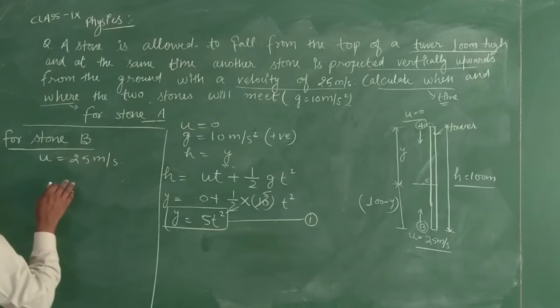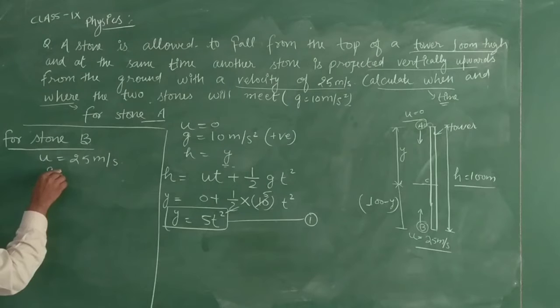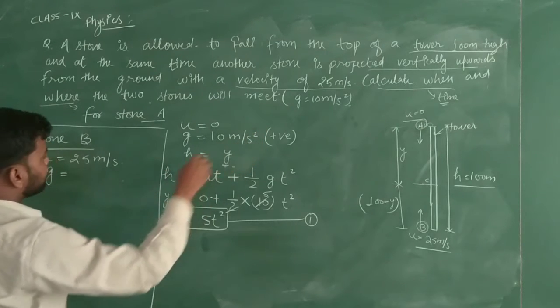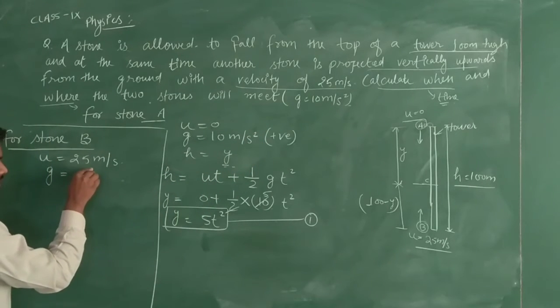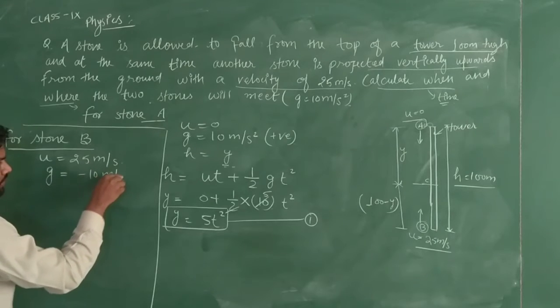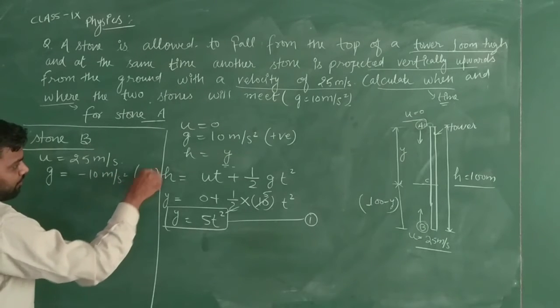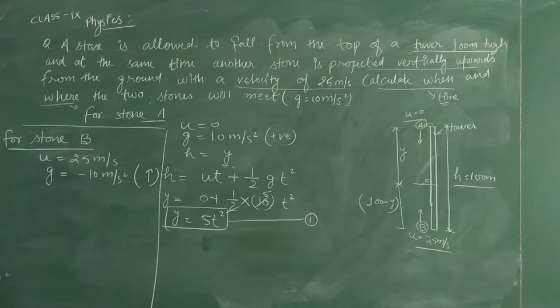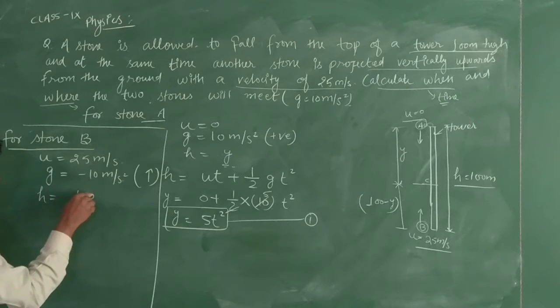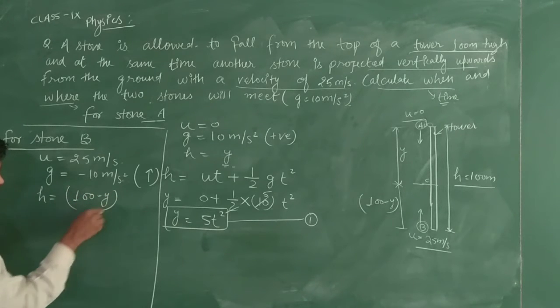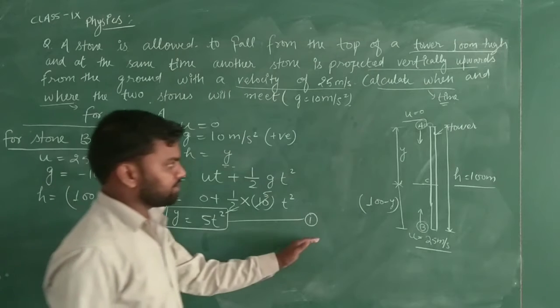Okay, students, and the value of g is also given, 10 meter per second square, but it will be negative 10 meter per second square because it is going in the upward direction. Now we have also been given that h equal to 100 minus y, which it is traveling up to point C.